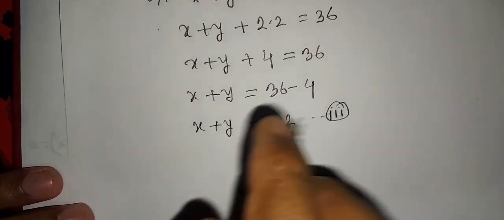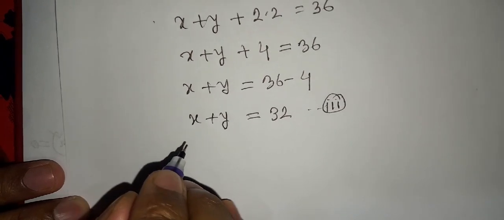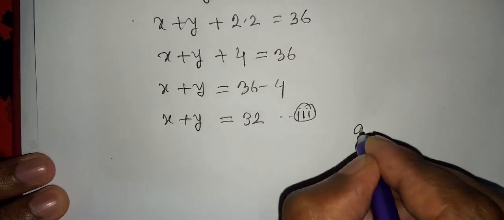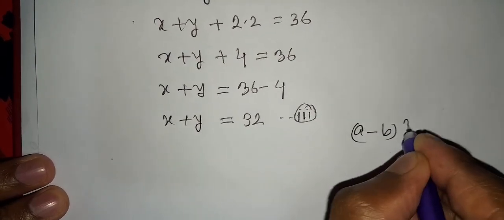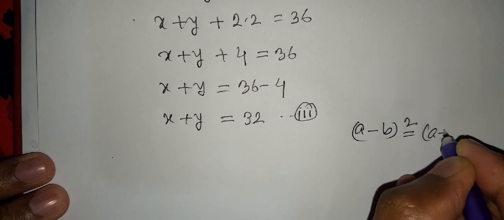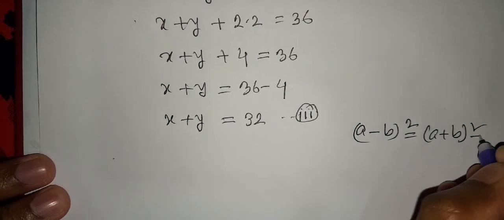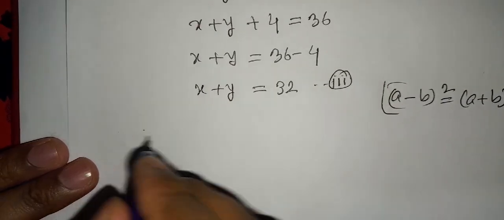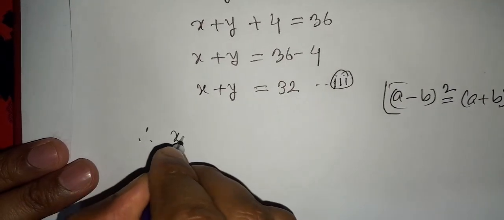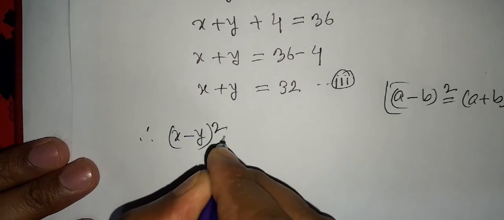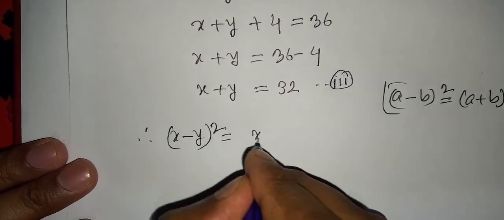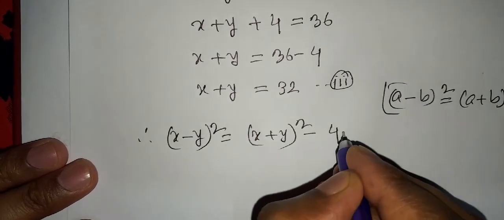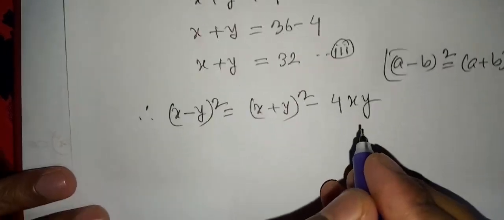Now we can write by the formula (a minus b) whole square equals (a plus b) whole square minus 4ab. So (x minus y) whole square equals (x plus y) whole square minus 4 into xy.